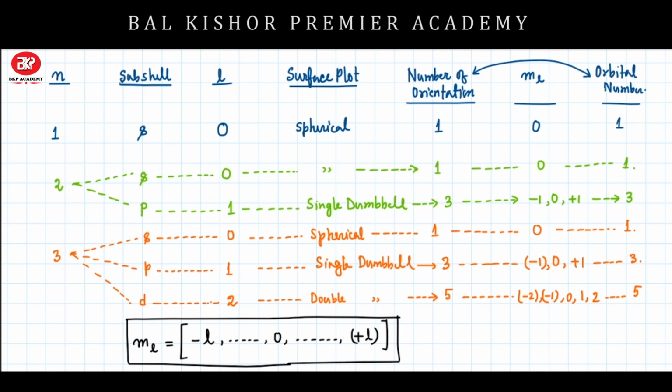Now let us see what the spin quantum number is. The spin quantum number is denoted by ms.